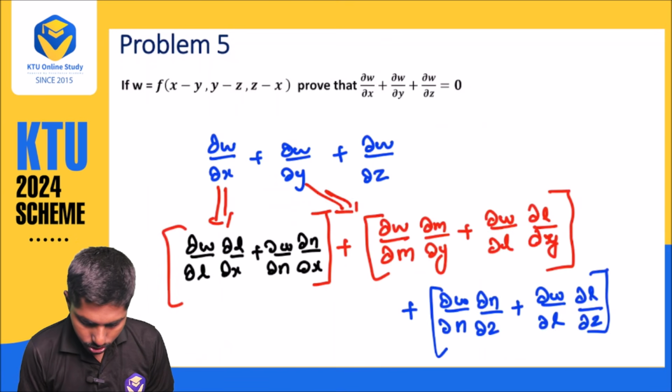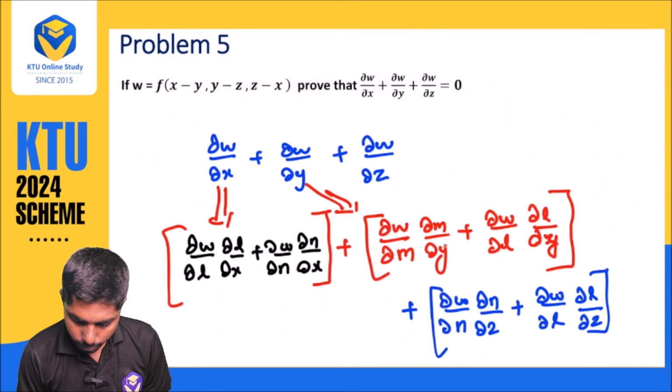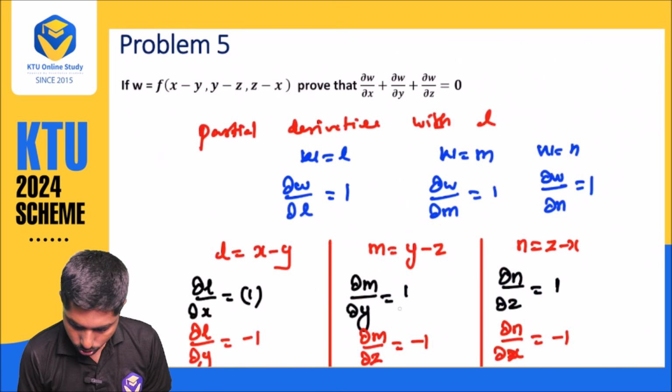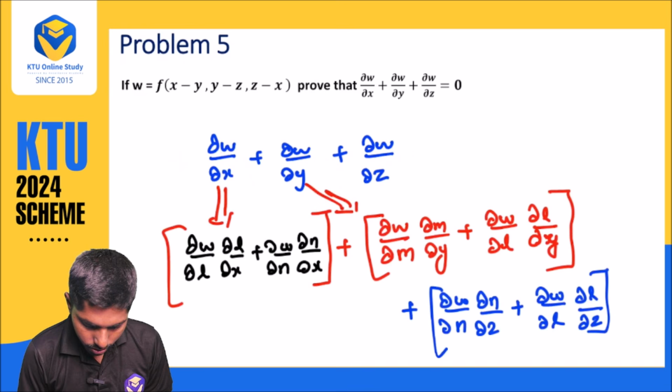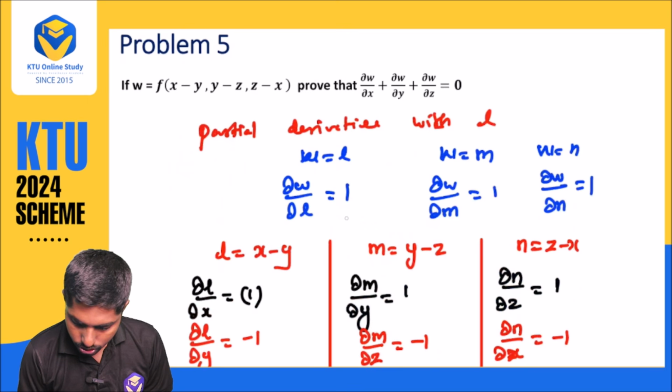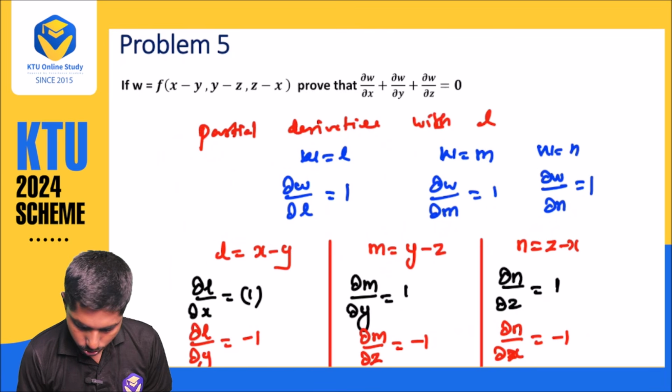So plus, now ∂W/∂M is 1, and ∂M/∂Y is also 1. So it is 1, plus ∂W/∂L, that is 1, and ∂L/∂Y, that is minus 1.